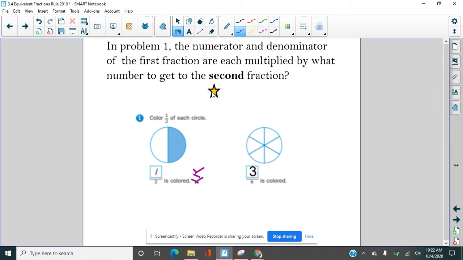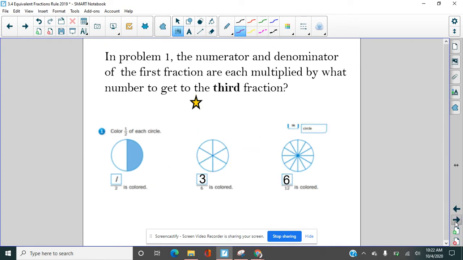Well, both of them I could multiply times 3, right? 1 times 3 is 3, 2 times 3 is 6. On the third one, how would I get from 1 to 6 and from 2 to 12? Well, 1 times 6 is 6, and 2 times 6 is 12, right?